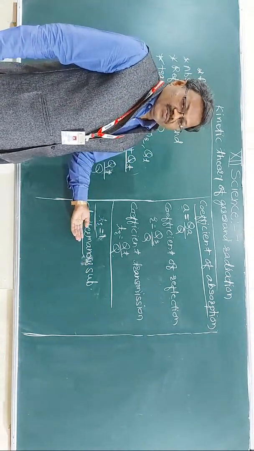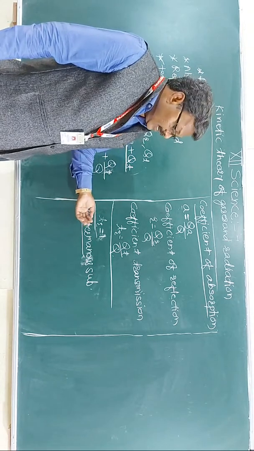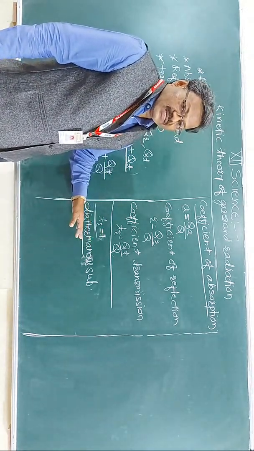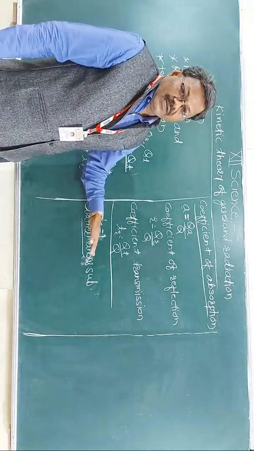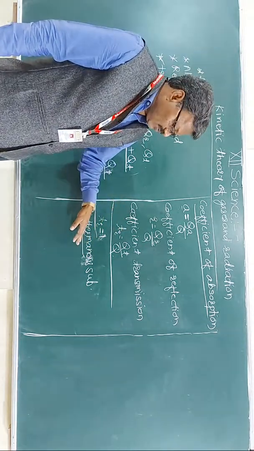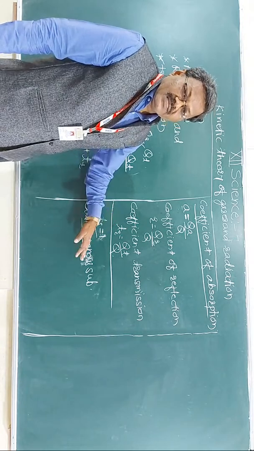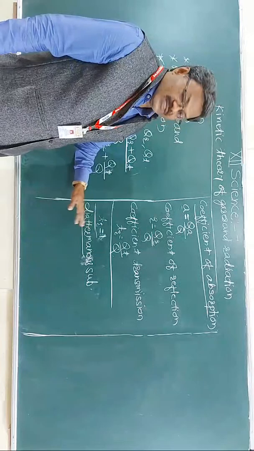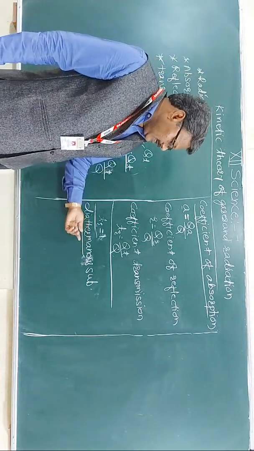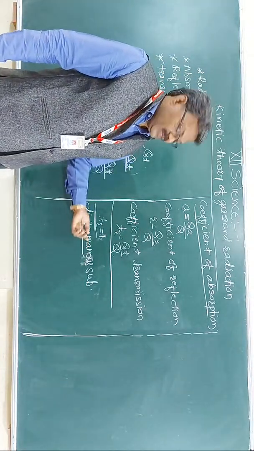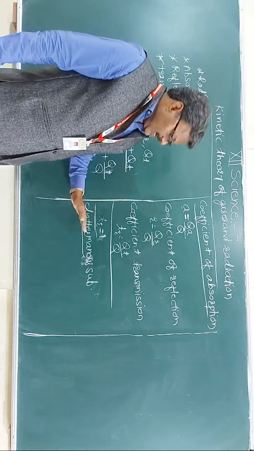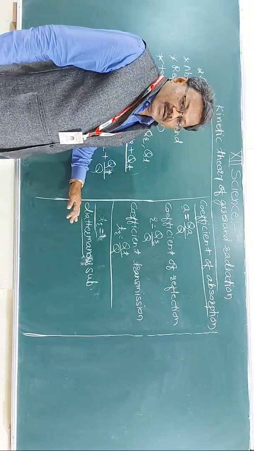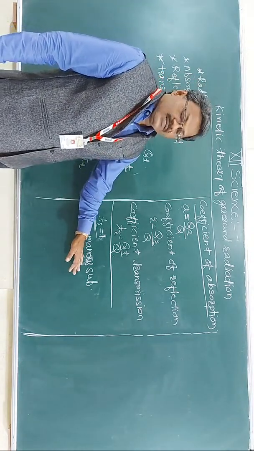The substance which allows the radiant energy to pass through it, the energy is transmitted through these bodies. This means radiation can easily pass through the diathermalous substances.